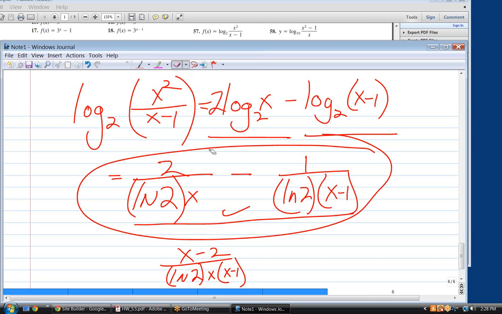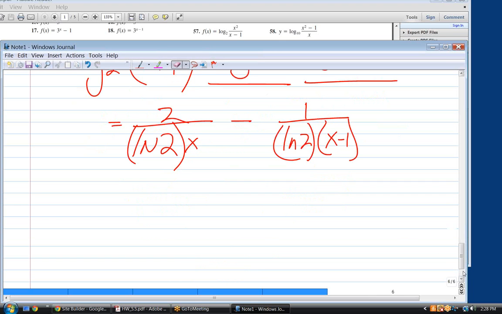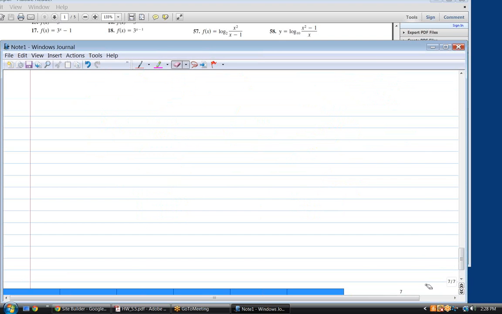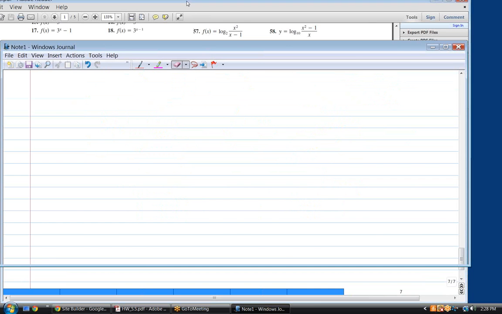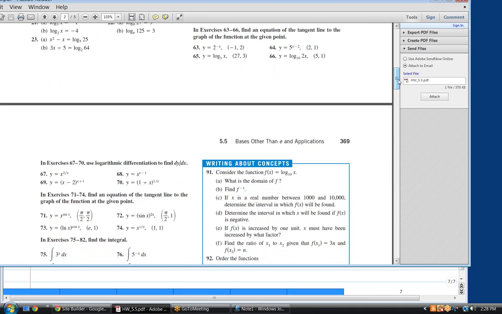Back together. Yeah. All right. Interesting that she did put them back together again, because I'm not sure what the rules are for simplification in that situation. What is simplified? Find an equation of the tangent line to the graph of the function at the given point.